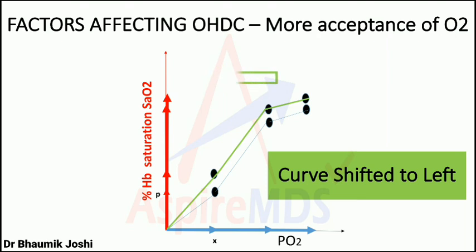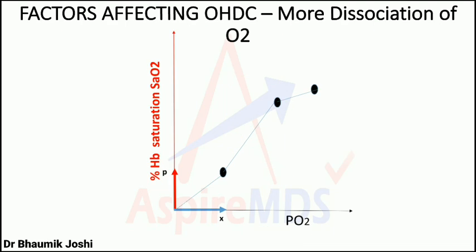In the same way, there are factors which cause dissociation of oxygen from hemoglobin. Here you can see in the example that on the x-axis, at the partial pressure of oxygen x, the saturation which was P previously will decrease in the presence of these factors causing dissociation. That will be at this point.